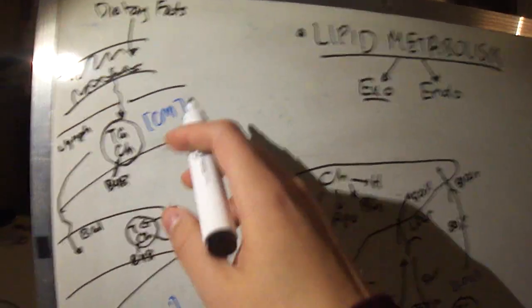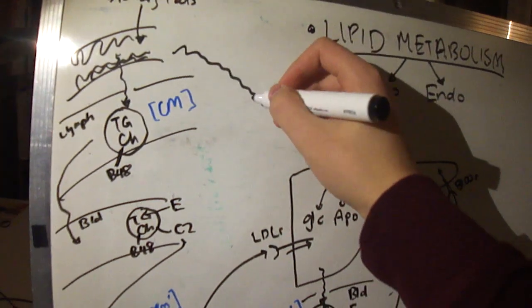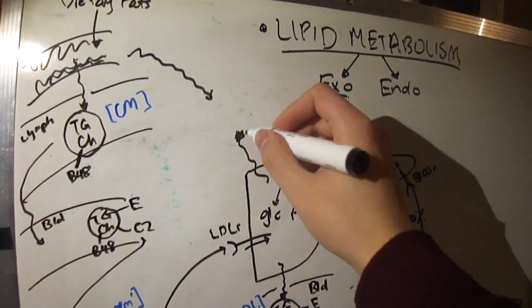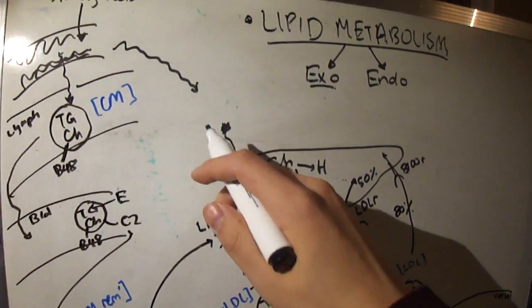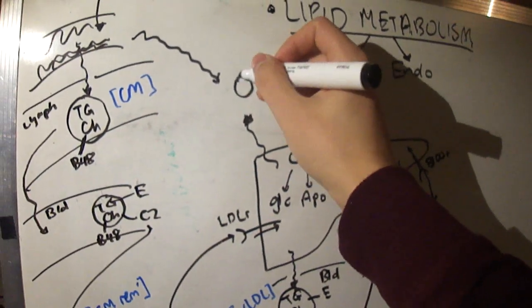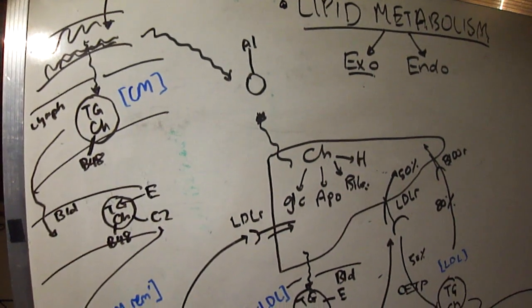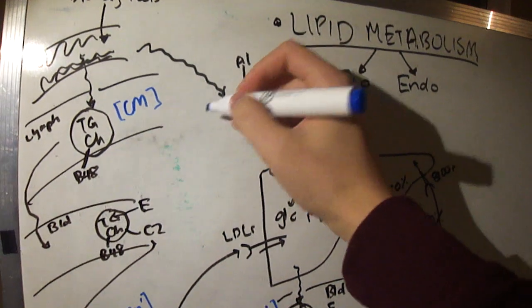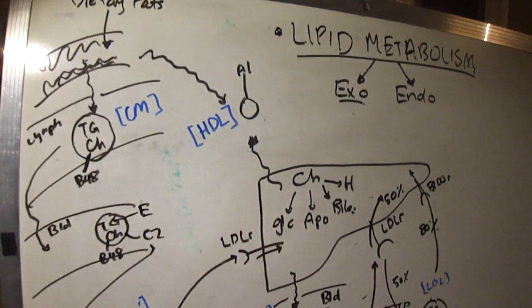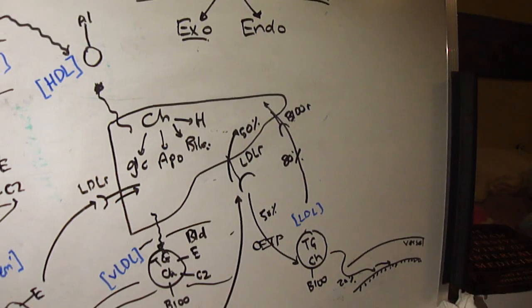So we'll just use this intestine instead. The squiggly lines means secretion, and so the liver secretes, and the intestine also secretes this particle with an A1 apolipoprotein, and this particular particle is called the high-density lipoprotein. And this is the so-called garbage truck that takes out the garbage.